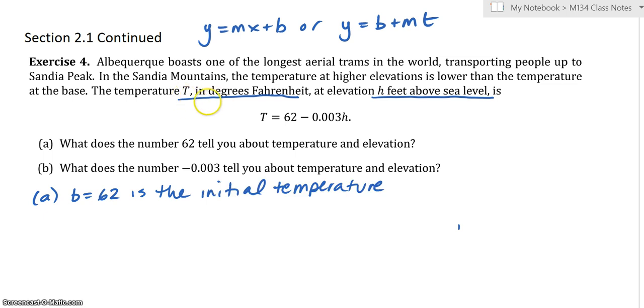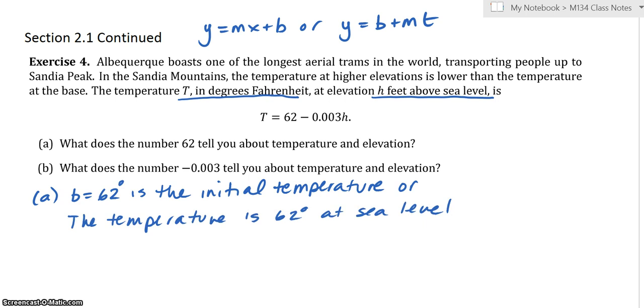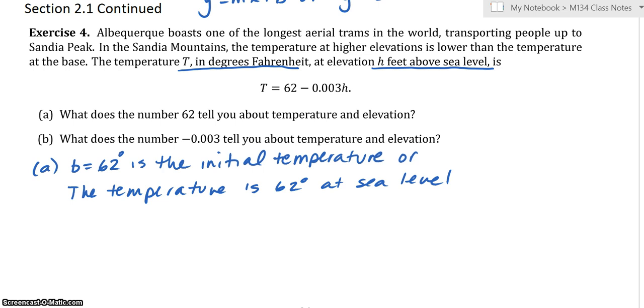And since T is a temperature, it's the initial temperature. That makes sense, because if I plug in h is 0, I do get 62. Or if you want to say it more fancy, we know that the temperature is 62 degrees at sea level. When h is 0, we know that means sea level.